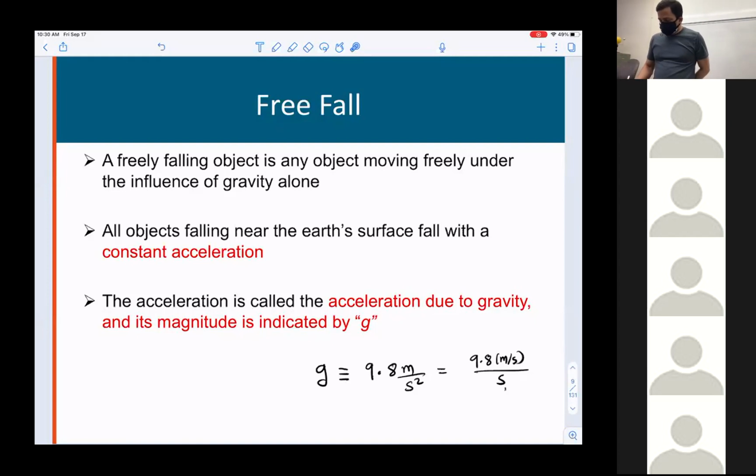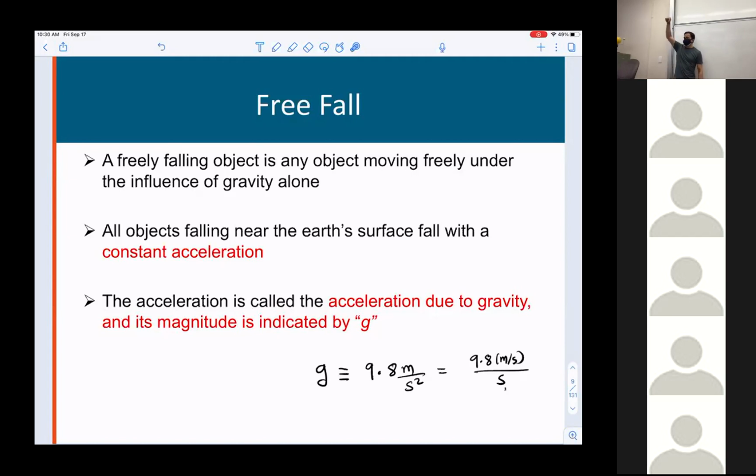We will introduce the symbol g, which is defined to be a symbol for this numerical value of 9.8 meters per second squared. So depending on which way you define your positive direction, if an object is falling down and you define the positive direction upwards, then it will have an acceleration of minus g, because it will be a negative acceleration.